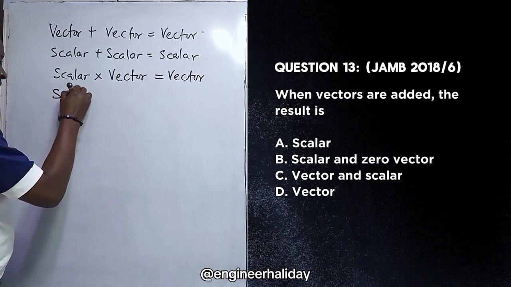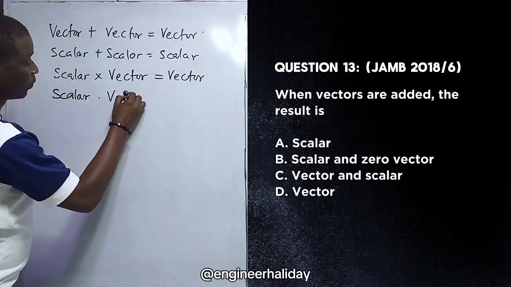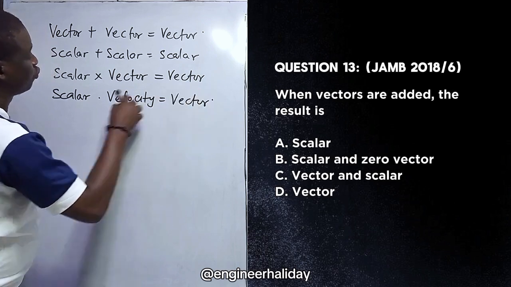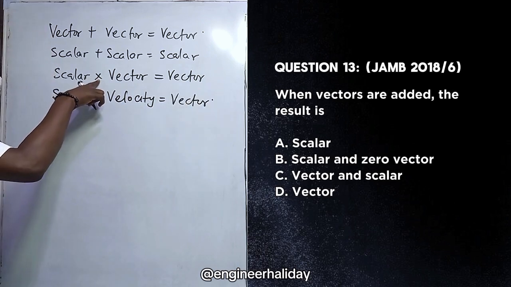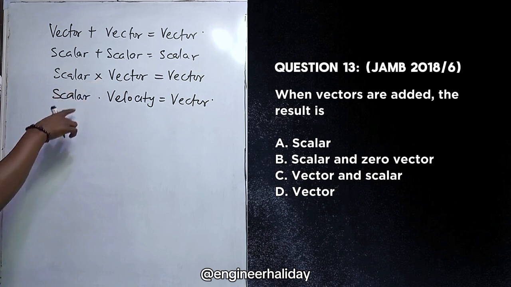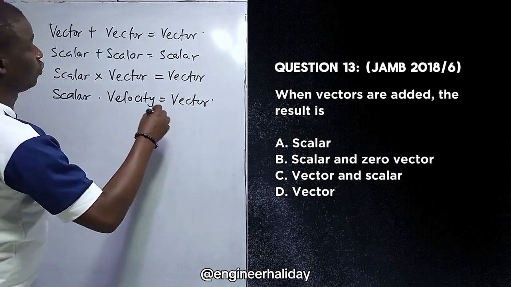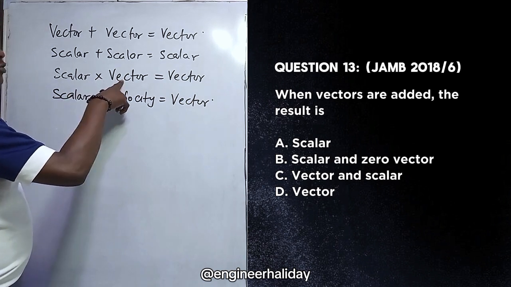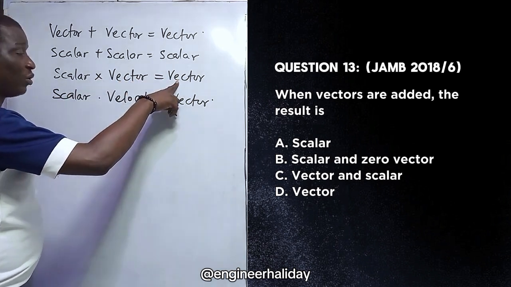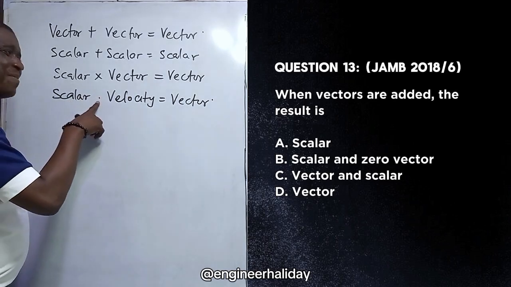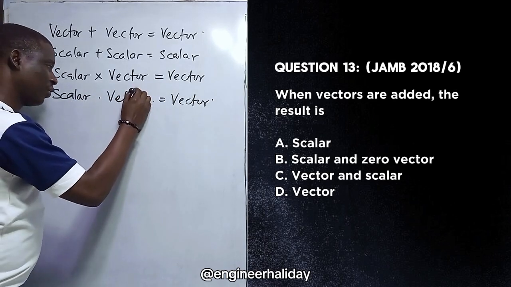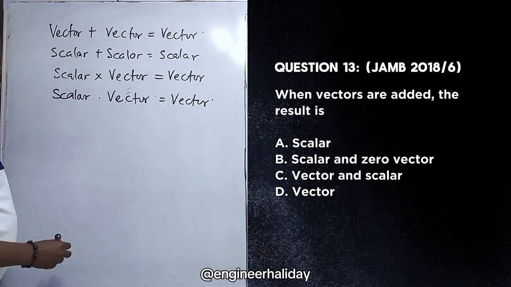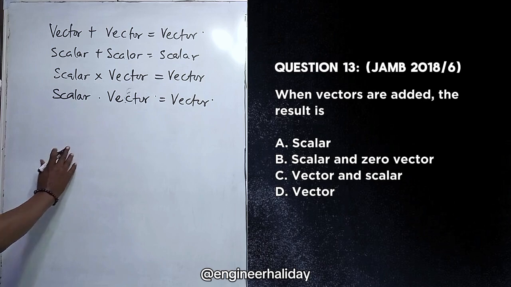In mathematics, the dot is scalar multiplication, while the cross is vector multiplication. So scalar multiplied by vector, we are going to have a vector quantity.